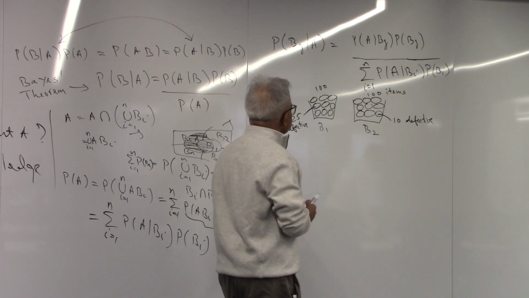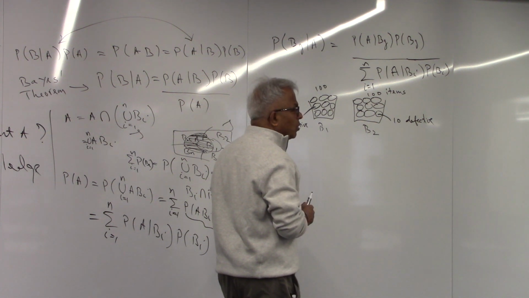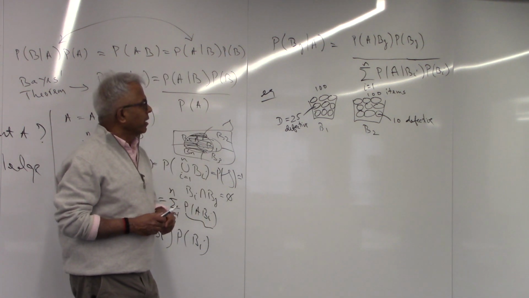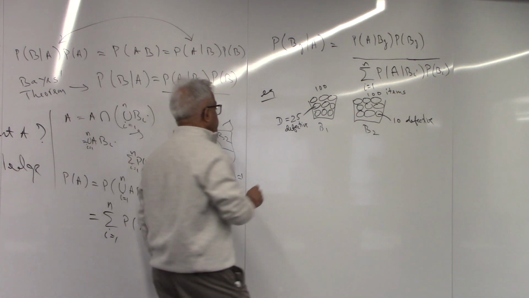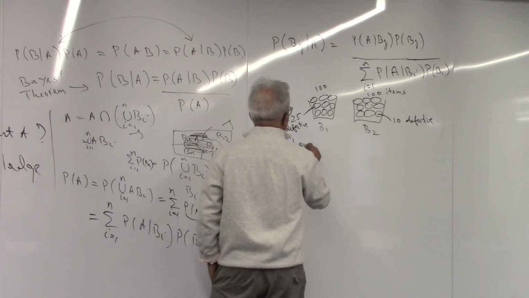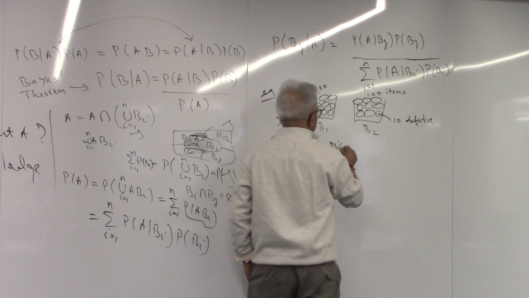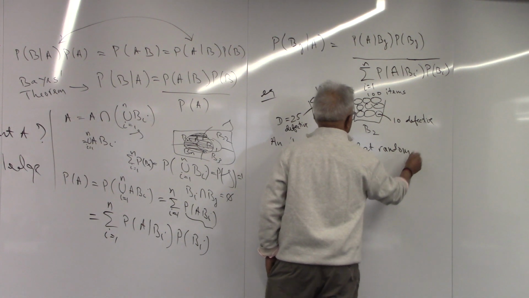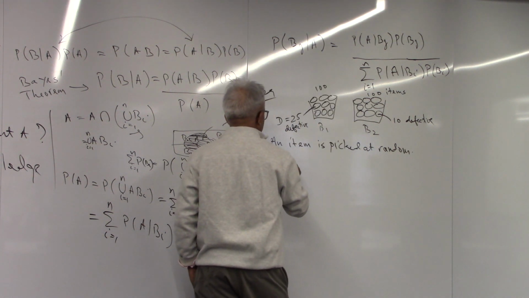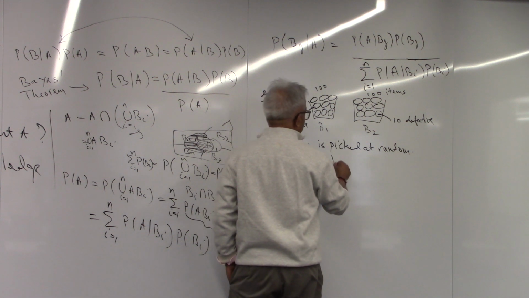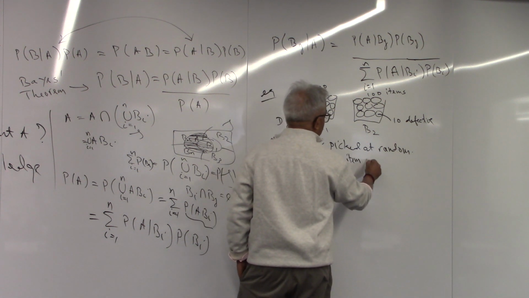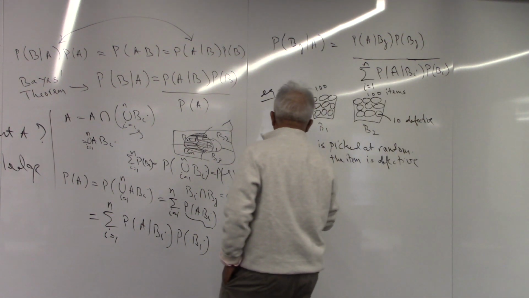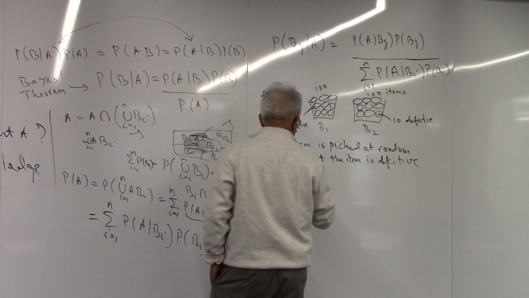And so the question is, what is the probability that someone goes into the other room and picks up one item at random, so an item is picked at random, what is the probability that it is defective? The item is defective. So I'm going to define D to be the event that the item is defective.